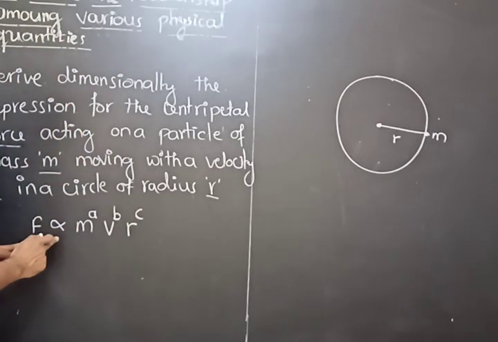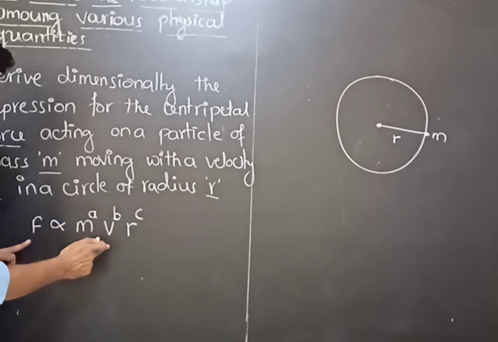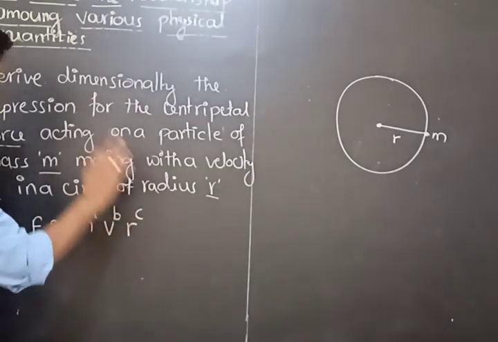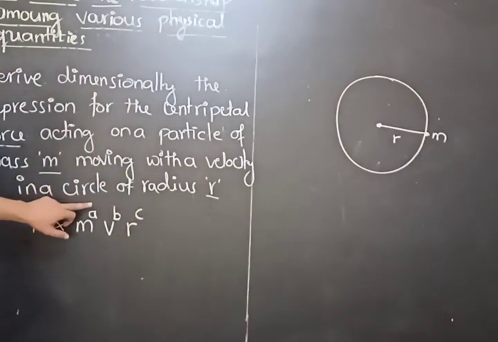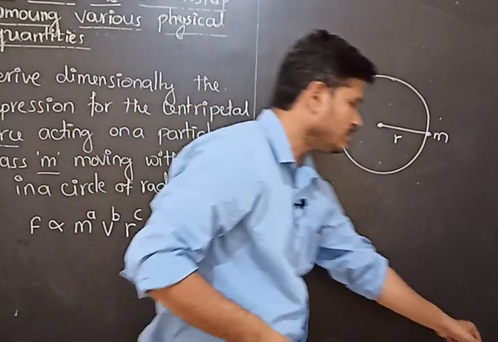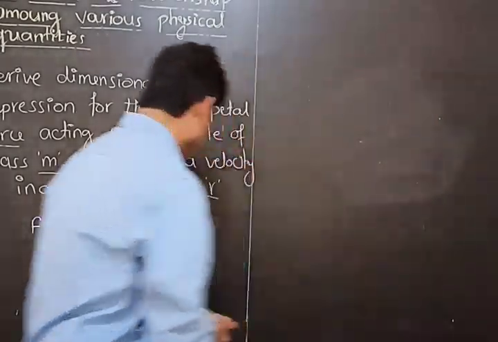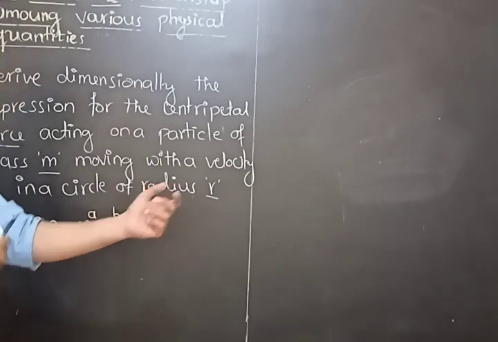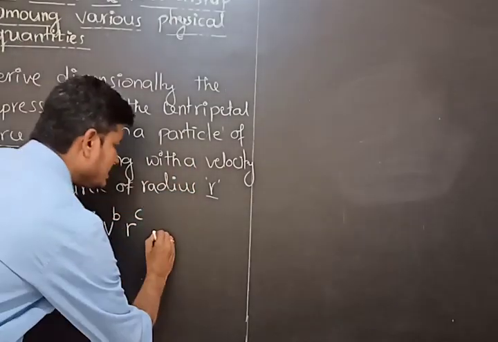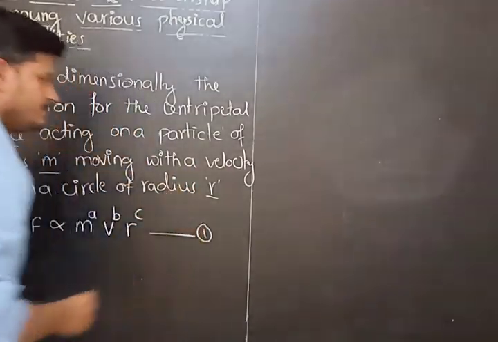So F is proportional to m raised to a, v raised to b, and r raised to c, where a, b, c are constants. In this expression we have to find the values of a, b, c. Let us consider this as equation 1.